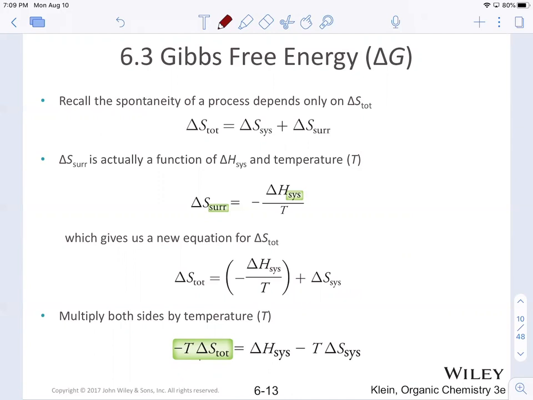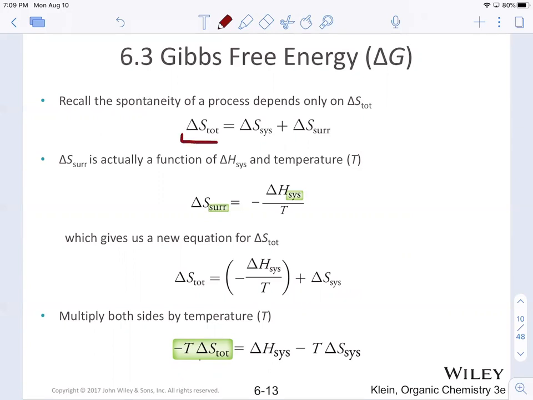So if you remember how this came to be, recall one of the laws of thermodynamics: delta S total, delta S of the universe, is always increasing, right? And increases is positive for spontaneous reactions.